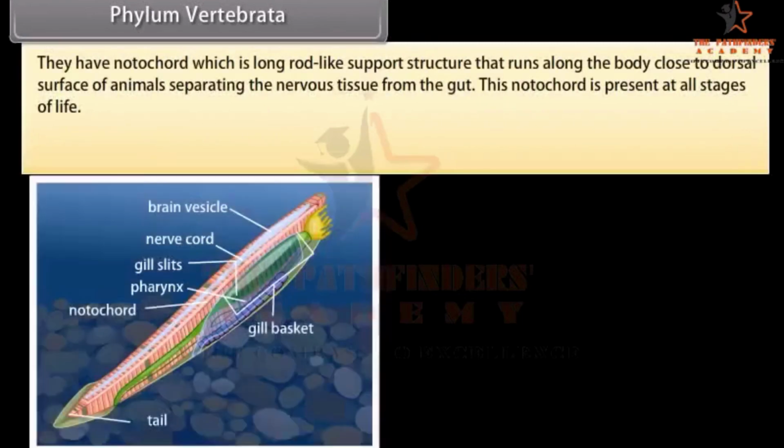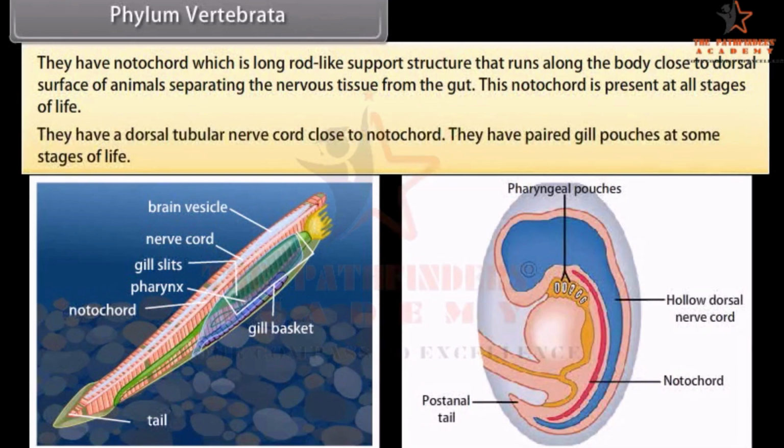They have notochord, which is a long rod-like support structure that runs along the body close to the dorsal surface of animals, separating the nervous tissue from the gut. This notochord is present at all stages of life. They have a dorsal tubular nerve cord close to notochord. They have paired gill pouches at some stages of life.